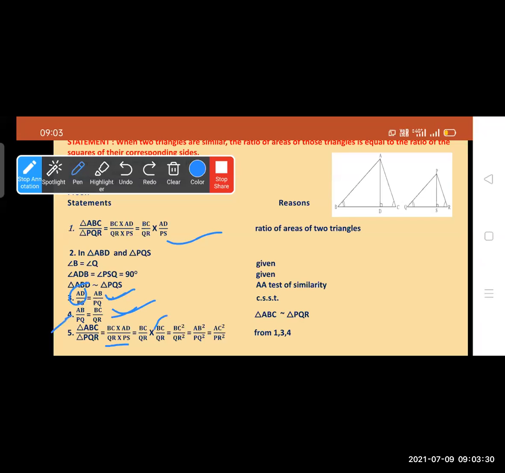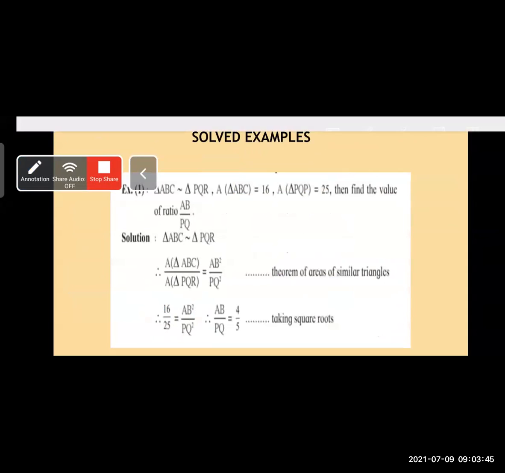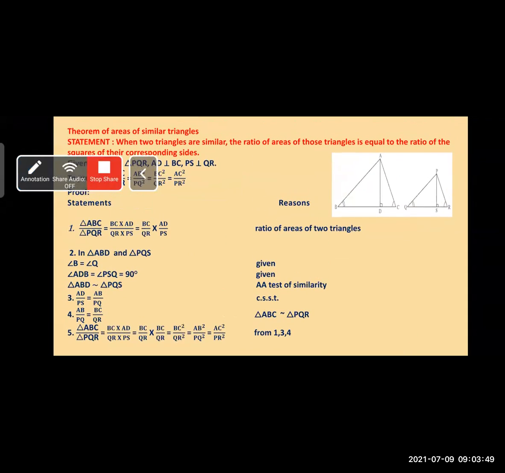So here we substitute BC by QR. And then BC into BC is equal to BC square and QR into QR is equal to QR square. Similarly, you can write area of triangle ABC to the area of triangle PQR is equal to BC by QR square, which is equivalent to AC by PR square.